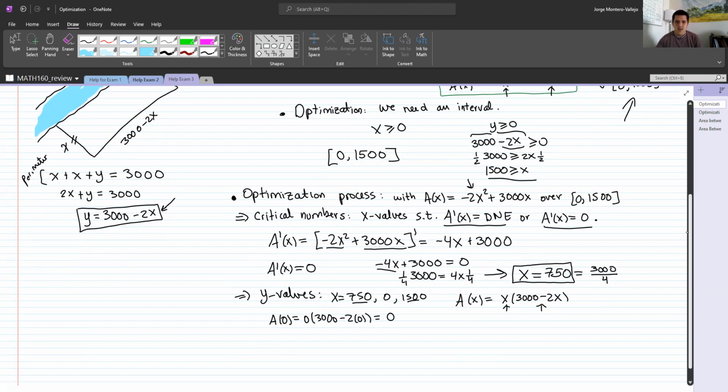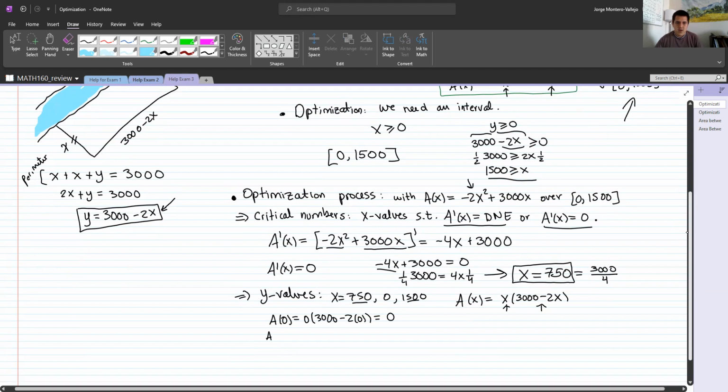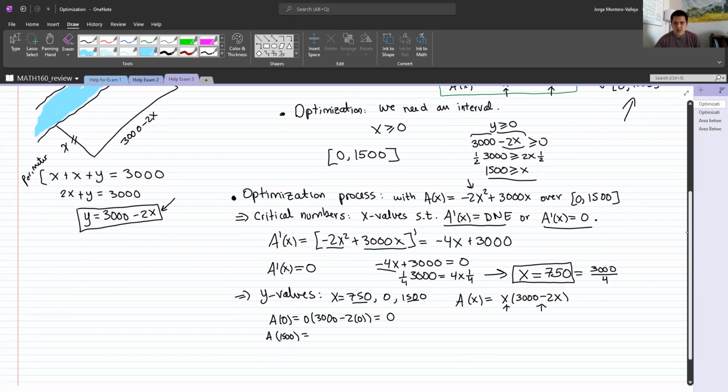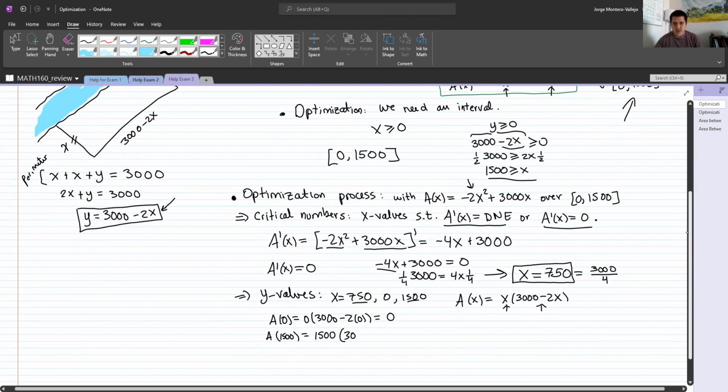So it's 0. Now, what about the other endpoint, 1,500? Well, if you plug in x, you get 1,500, and then you have 3,000 minus 2 times 1,500.